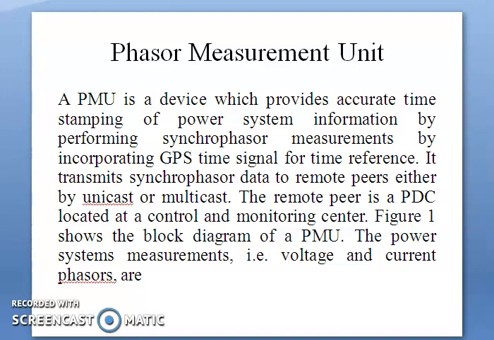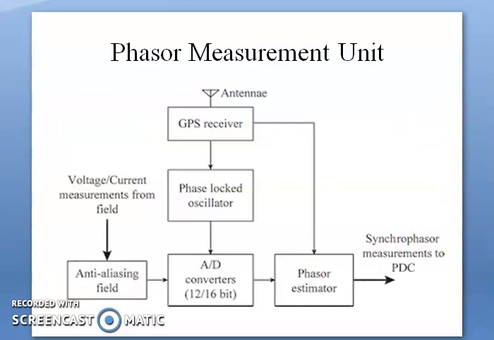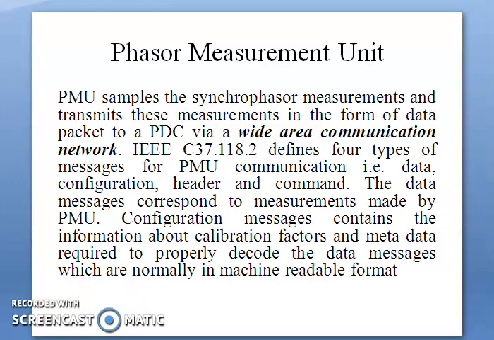Now the remote peer is a PDC, the phasor data concentrator that we have seen over here. It is located at a control and monitoring center. We have seen the block diagram representation of phasor measurement units. Also, this PMU samples the phasor measurements and transmits these measurements in the form of packets to a PDC via a wide area communication network.